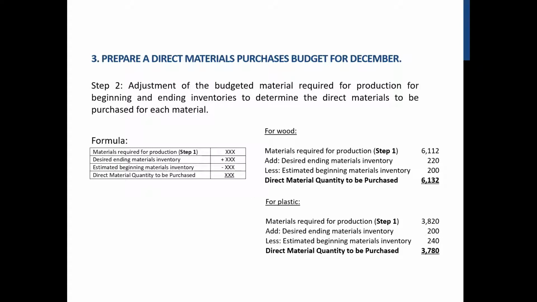Therefore, we will get the direct material quantity to be purchased. So in this case, for wood, the direct material quantity to be purchased is 6,132. For plastic, it's 3,780. Just use the answer from step 1 for the materials required for production and the formula based on step 2.